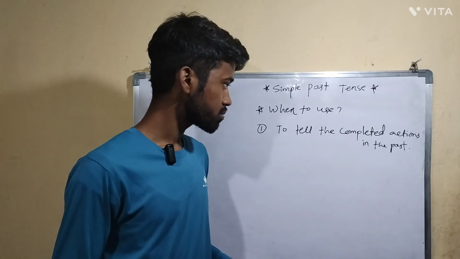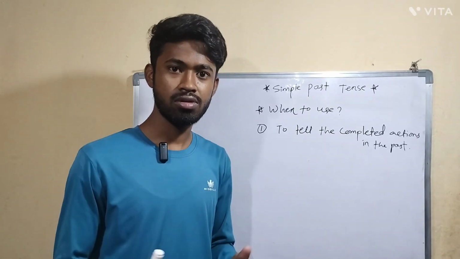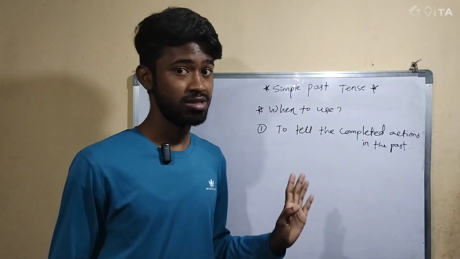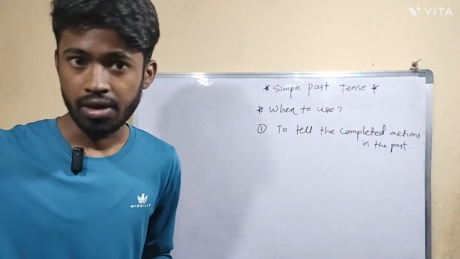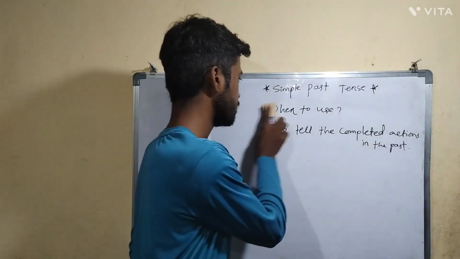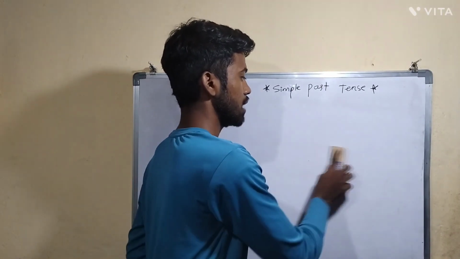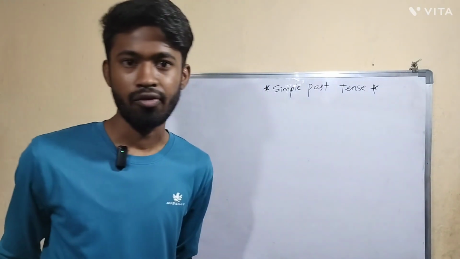Let's move forward. After this we will see the positive structure, negative structure and interrogative structure in simple past tense. Here it is a little bit tricky. Like in simple present tense we have seen, in positive sentences there is no helping verb.